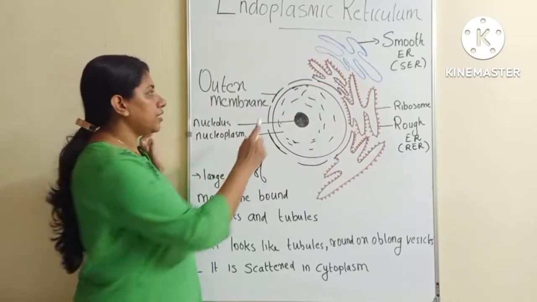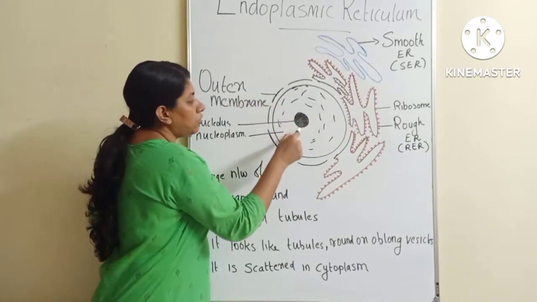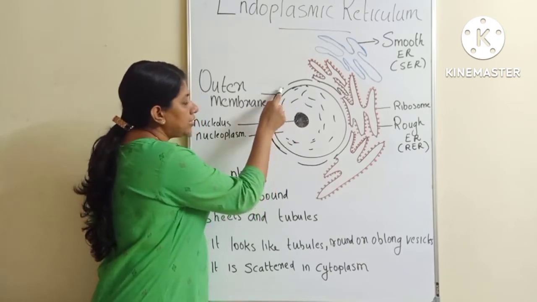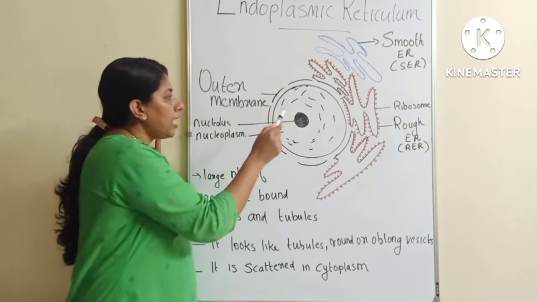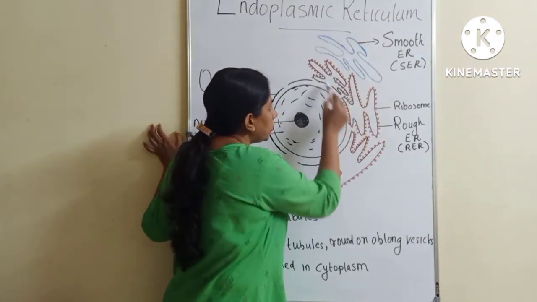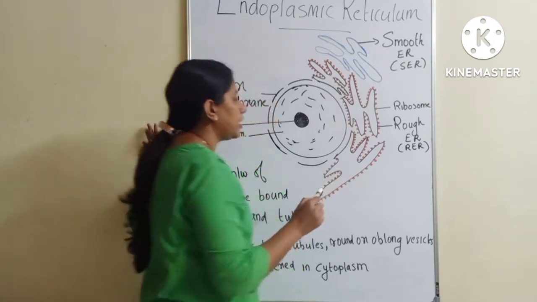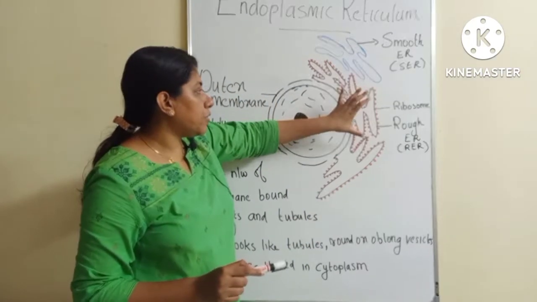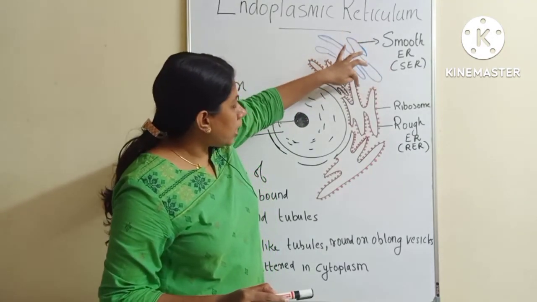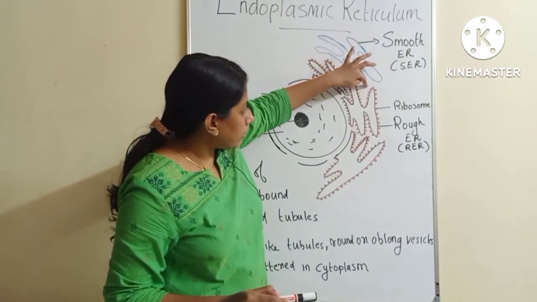As you can see, this is a nucleus, and inside the nucleus you can see the nucleolus as well as the nucleoplasm, and this is the outer membrane of the nucleus. If you closely observe, you can see the endoplasmic reticulum is continuous with the outer membrane of the nucleus, and it has granular structures marked in red color.